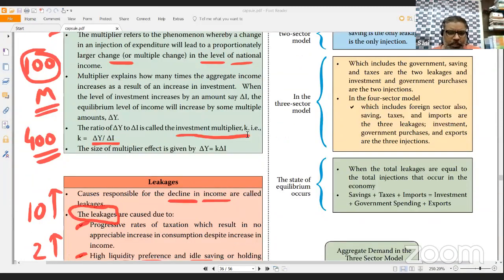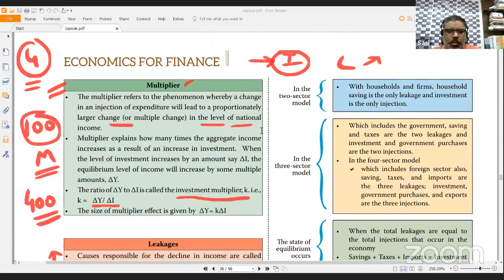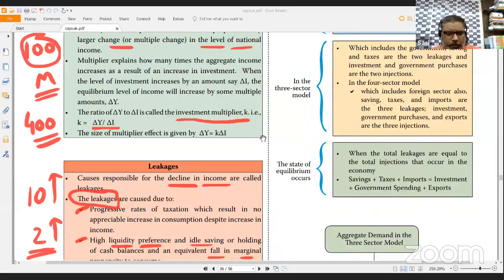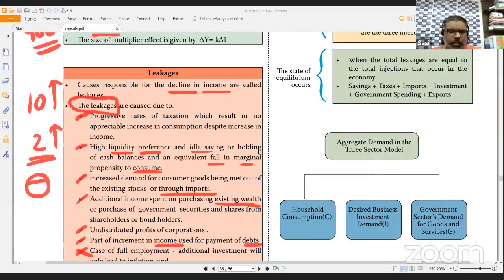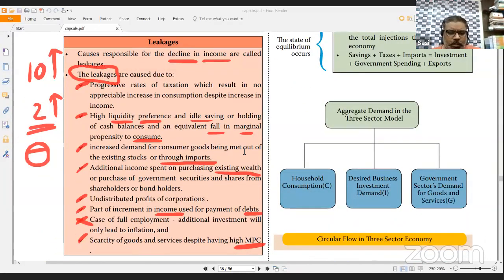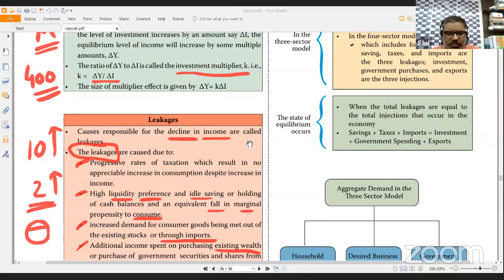And the concept of multiplier also we have discussed, which improves the overall national income with a limited input in the form of investment. So that is the multiplier concept, very important one, even in reality and exam point of view also. And what are the things which will act like leakages?